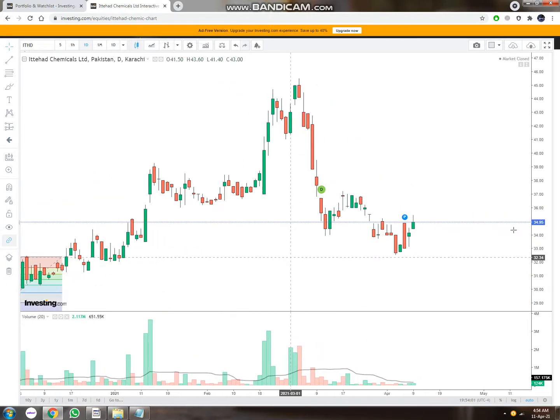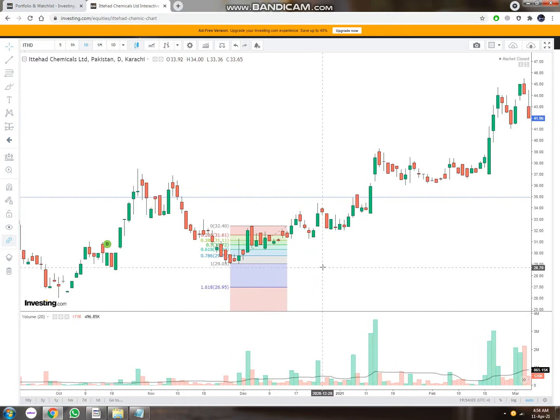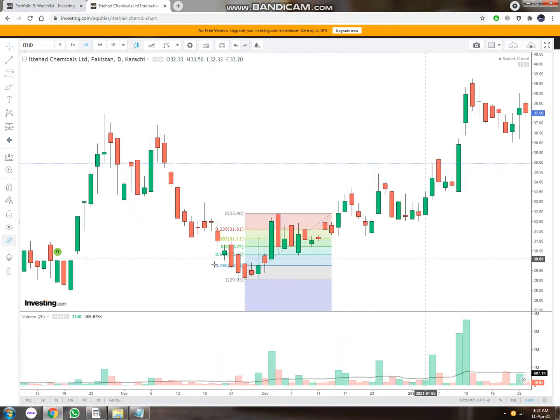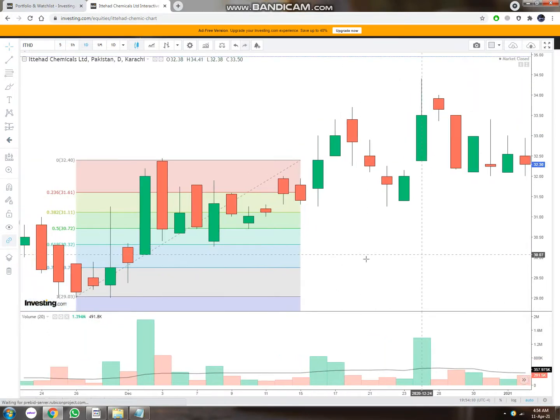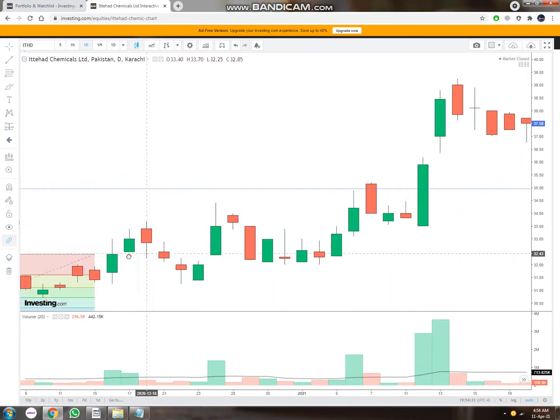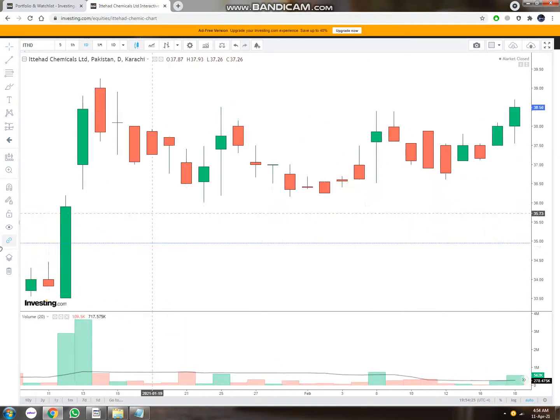Now let me show you another case. Again, this is also a pullback, a 50% retracement level, and then it moved onward from that level.